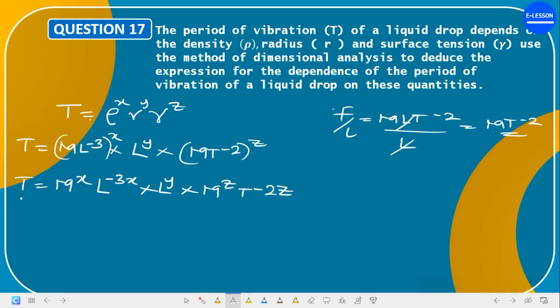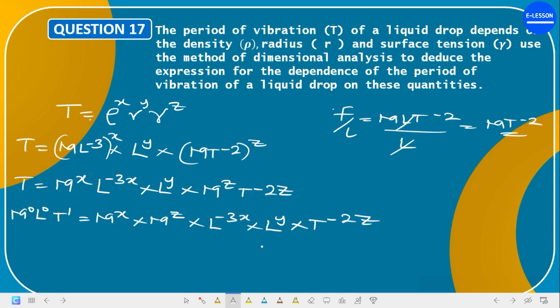Now, if you see this side of the equation, you don't have M, you don't have L, but you have T. So you raise those to the power of 0. So M to the power of 0, L to the power of 0, T to the power of 1 is equal to, collect like terms. Let all the M come to one side and all the L go to one side. So this gives us M to the power of x times M to the power of z times L to the power of minus 3x times L to the power of y times T to the power of minus 2z.